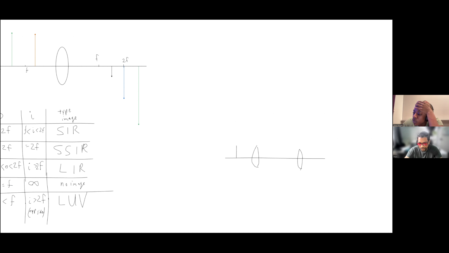Let's say the first lens produces this inverted real image. And I should also say your real image, in addition to being able to be projected, can be treated as an object. So for the second lens here, it can treat this inverted real image as an object.